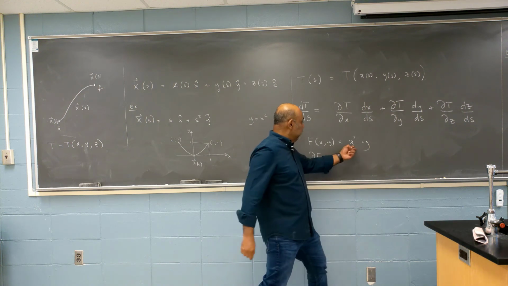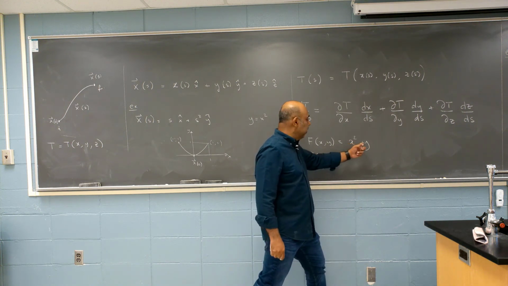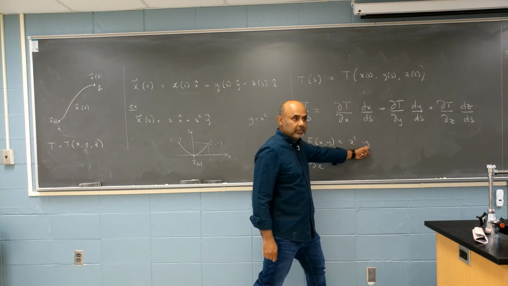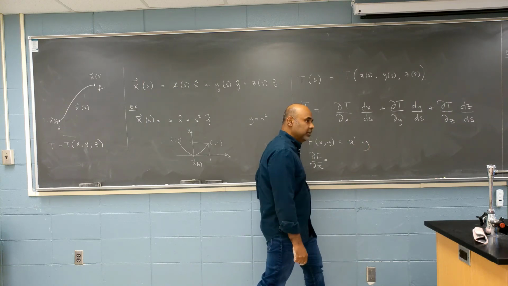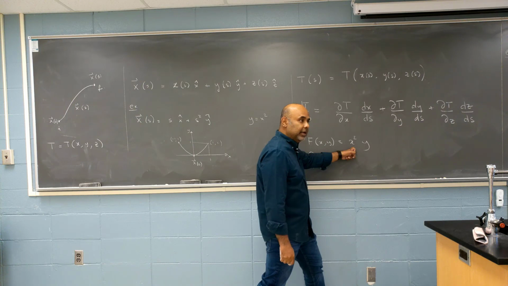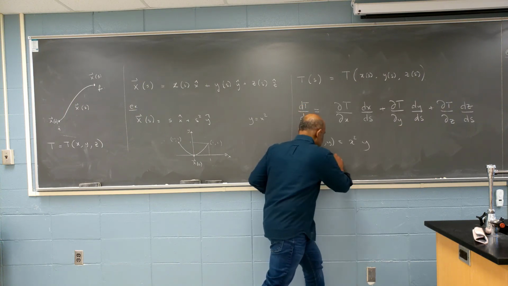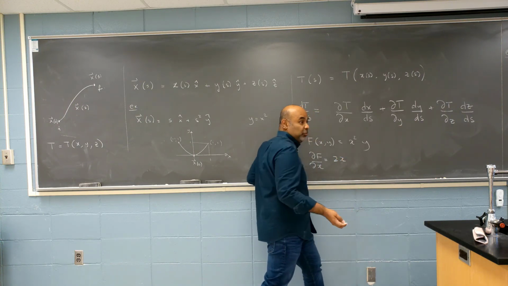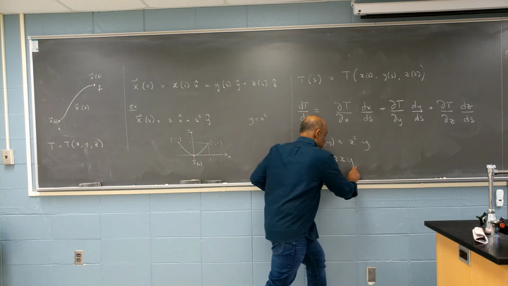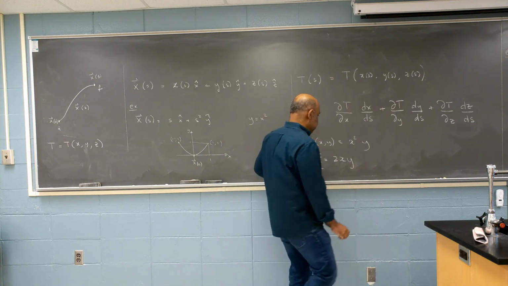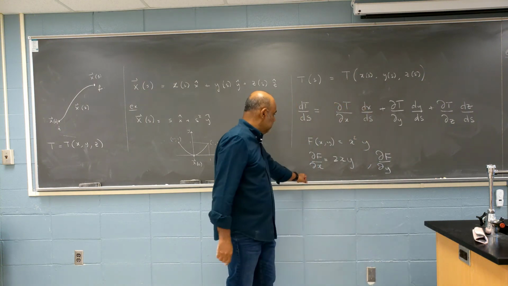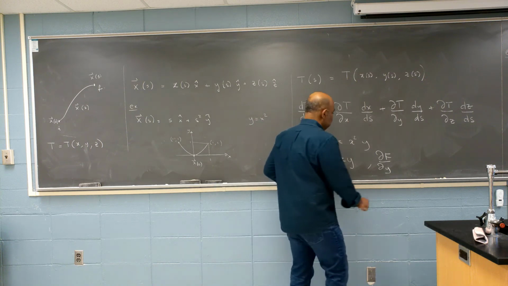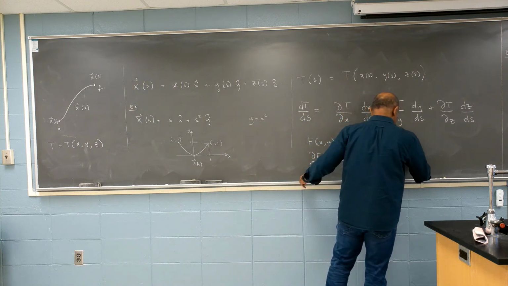You take the derivative of x squared, but you pretend as if y is not a variable. So, Travis, you tell me, what's the derivative of x squared? 2x. And pretend y is like 2. What is this? Good. That's it.